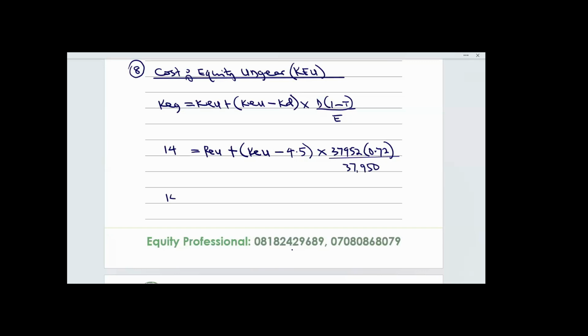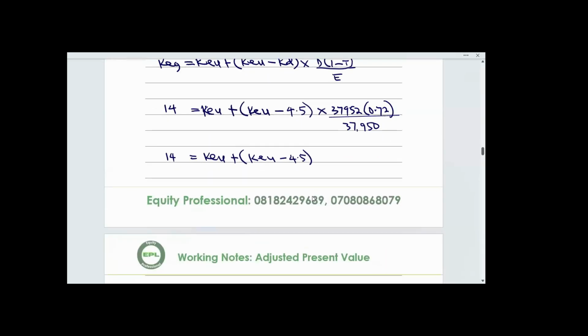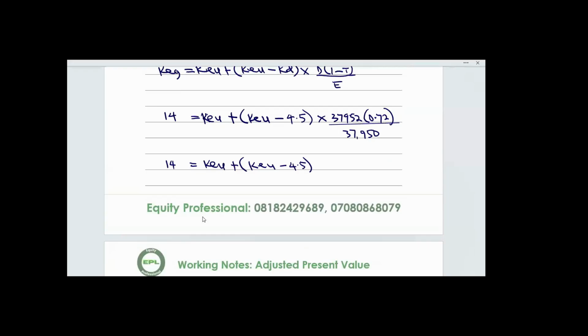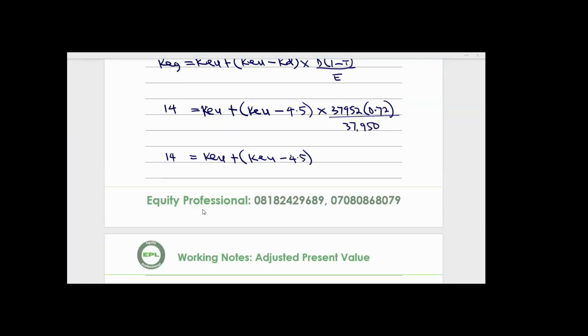So 14 equals KEU plus, open a bracket, KEU minus 4.5, then 37,952 multiplied by 0.72, then divided by 37,950, which is about 0.72 multiplied by 0.72.